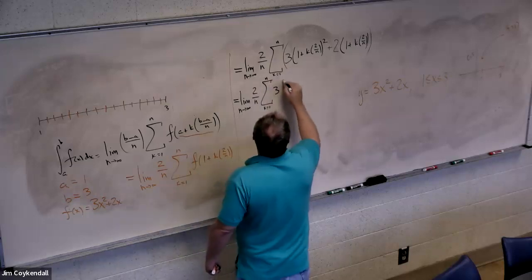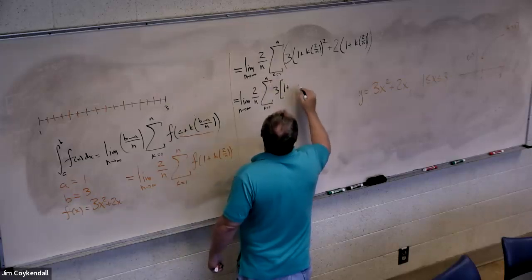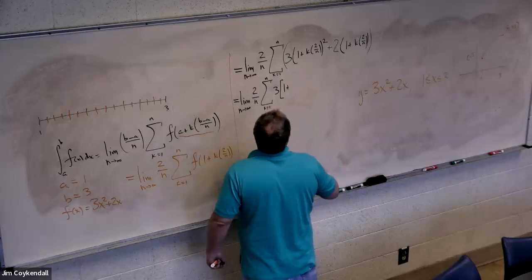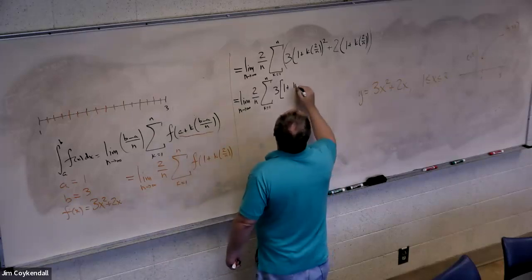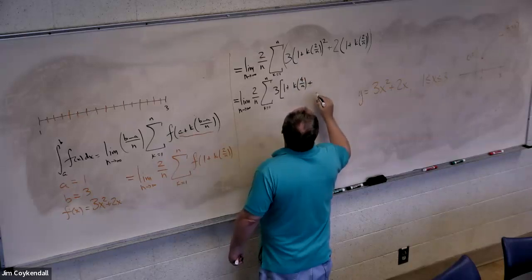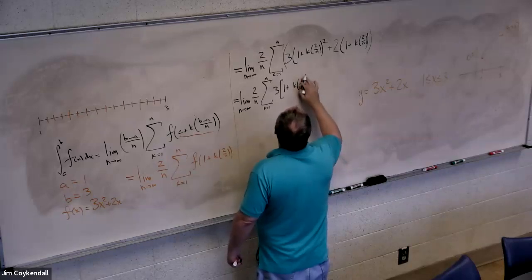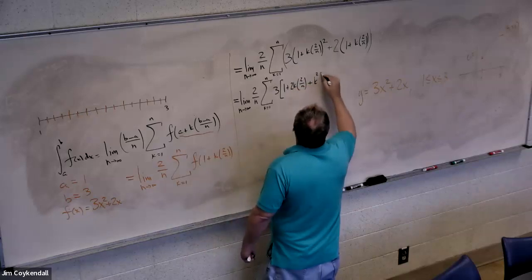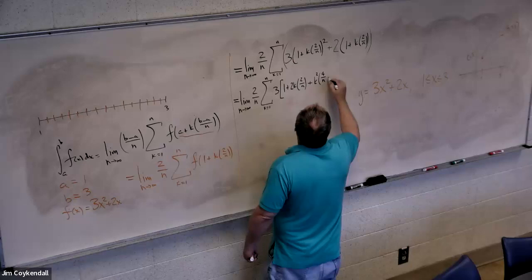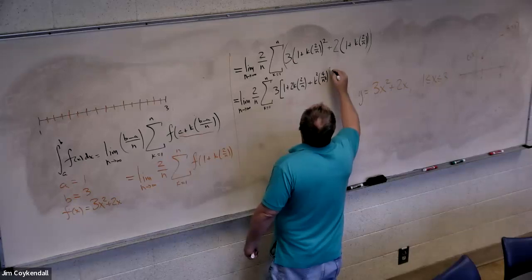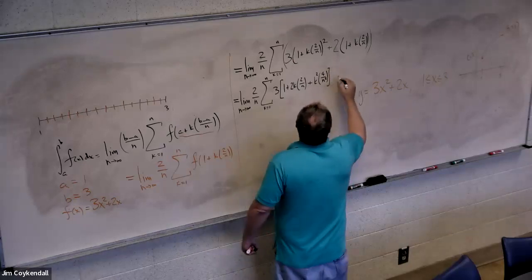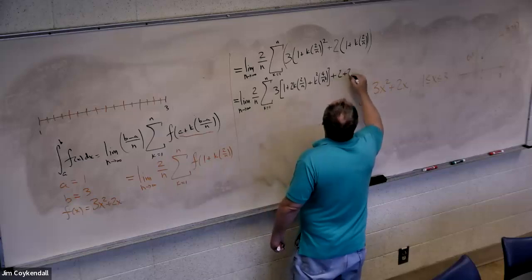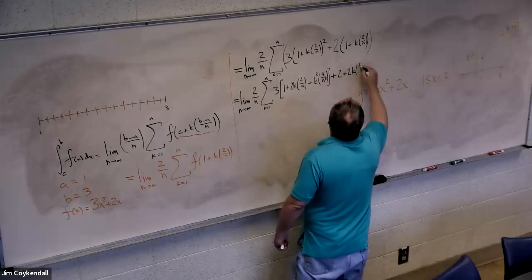This is 3 times 1 plus k times 4 over n, and then k squared times 4 over n squared, plus 2 plus 2k over n.